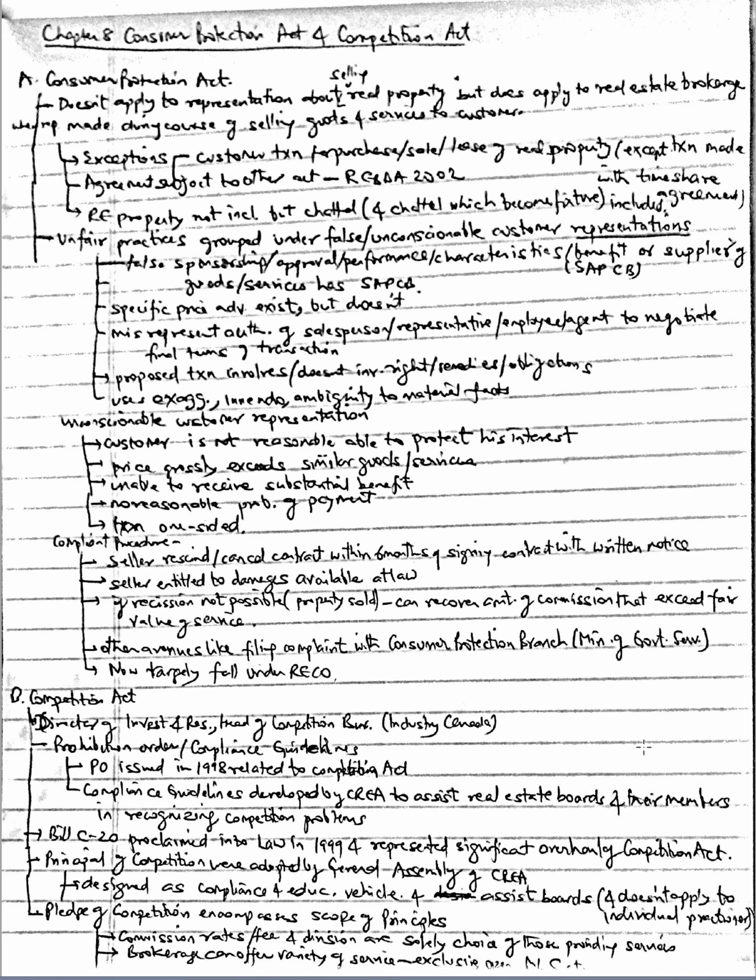A seller or buyer who complains under this Act that there has been an unfair practice in the selling of the registered services may cancel the contract, sue for damages, or file a complaint with the Consumer Protection Branch of the Ministry of Government Services. As stated above, this Act does not apply to the representation of the real property. The type of contract that may be cancelled would therefore be a service or representation agreement.